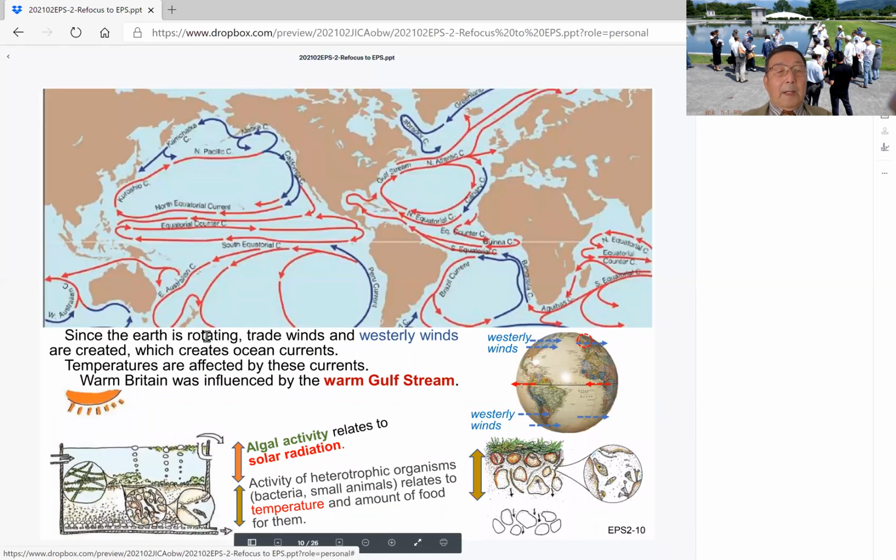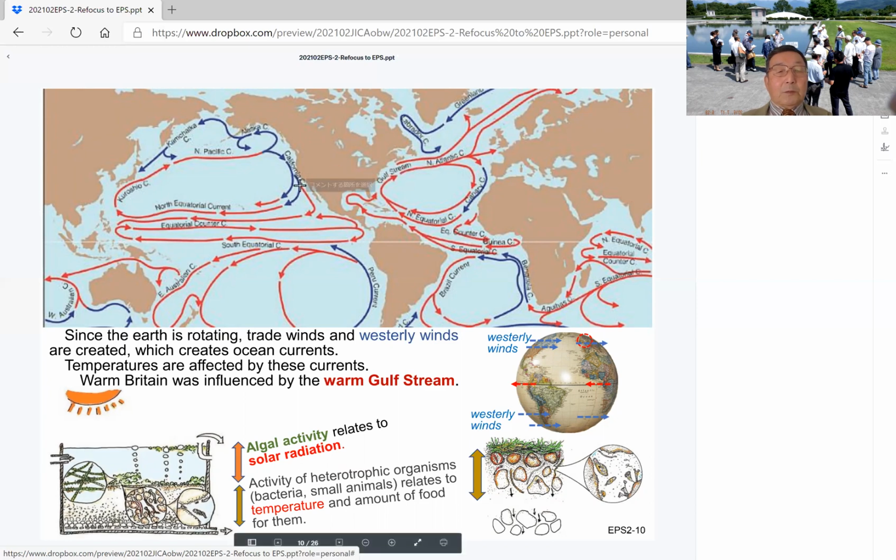Since the Earth rotates, the trade wind and westerly wind are created, which create ocean currents. Temperatures are affected by these currents. Britain was influenced by the warm Gulf Stream. Therefore, the United Kingdom is always warmer than the United States.